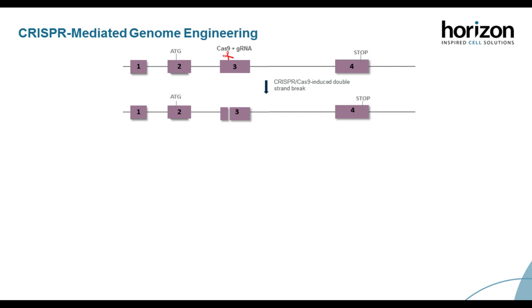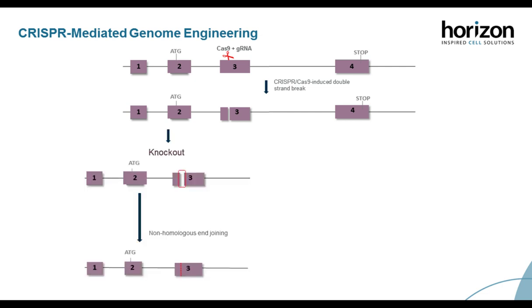For a knockout, when we want to make a non-functional gene, we generate a knockout using CRISPR gene engineering. We allow the double-strand breaks that have been generated by the Cas9 and the guide RNA to be repaired by the endogenous repair machinery of the cell called non-homologous end joining.